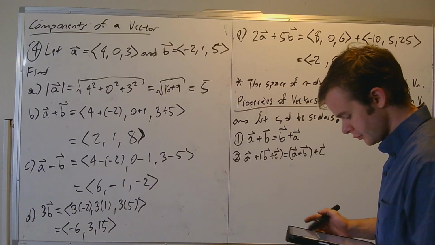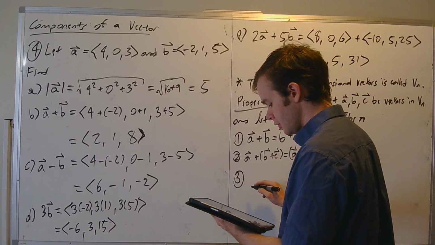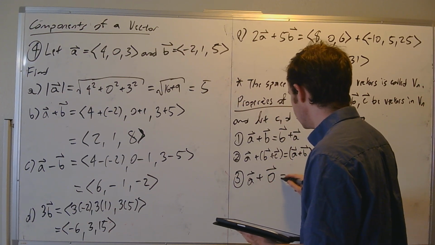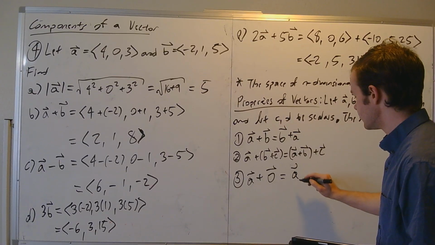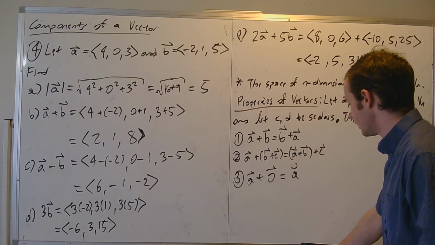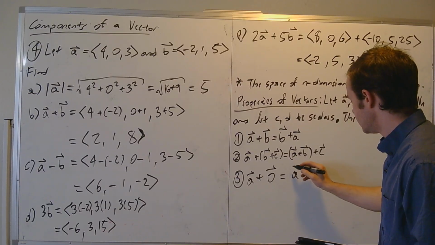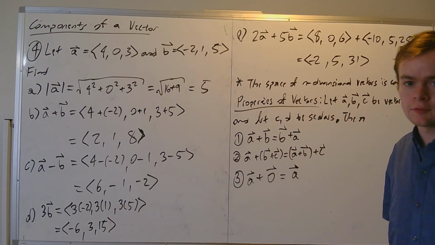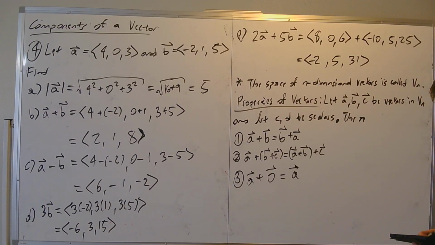Okay. The third property that vectors satisfy is going to be that A plus the 0 vector, we can kind of expect what this should be. This is just going to be A. So this is going to be the vector A. This doesn't really look like an arrow. Right, so I usually just draw half arrows, meaning I don't draw the bottom part of the arrow, but it doesn't really matter.